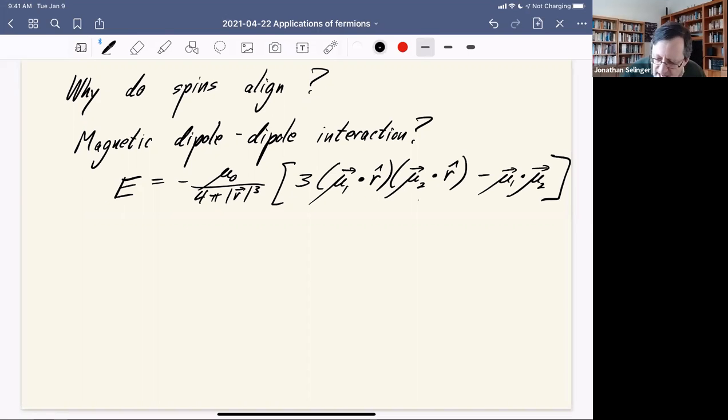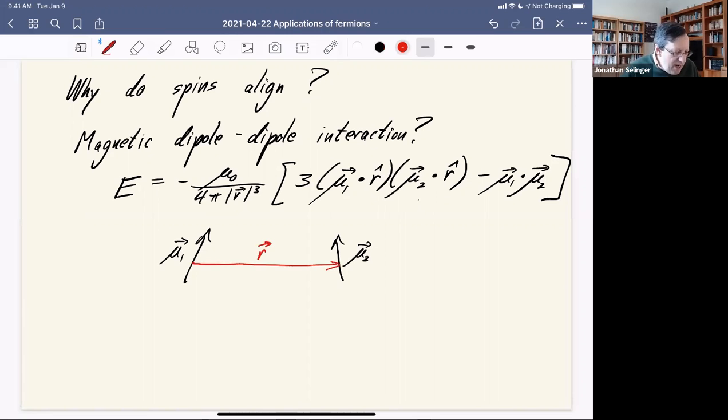Okay, so the picture that goes along with this is that you have 2 dipoles like this, mu1, mu2, and they are separated by some r vector. Okay.